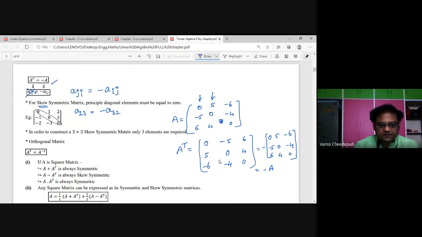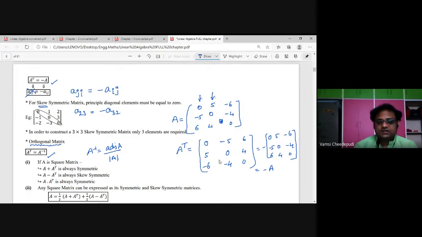Okay, that's fine, sir. What about an orthogonal matrix? Sir, an orthogonal matrix is nothing but A transpose equals A inverse. We can discuss A inverse later, because A inverse is equal to adjoint A by det A. When I take the transpose of a matrix, if the transpose of the matrix is equal to the inverse of the matrix itself, then you can say that matrix is an orthogonal matrix.